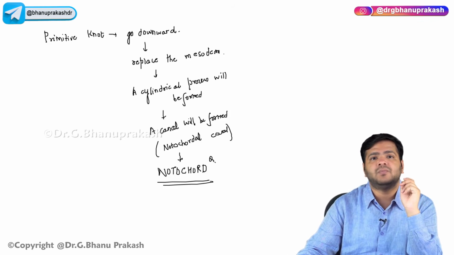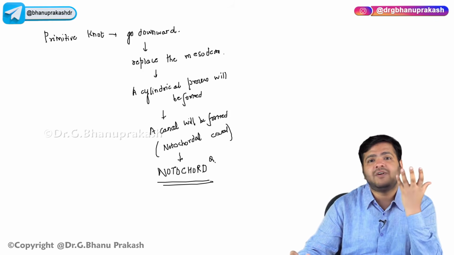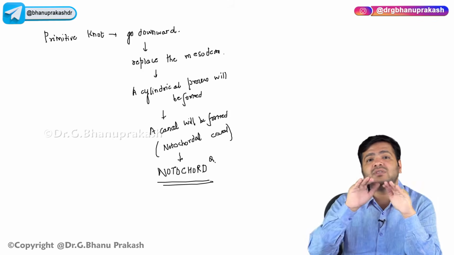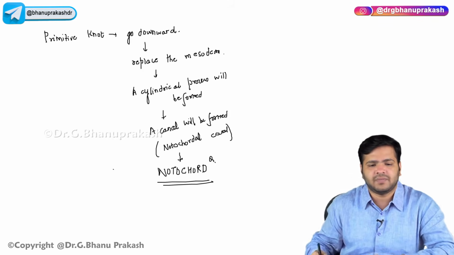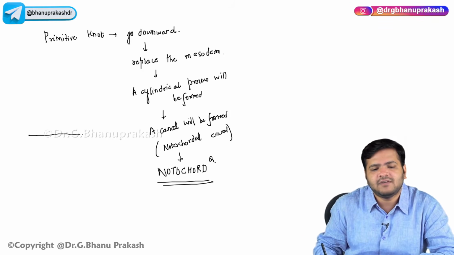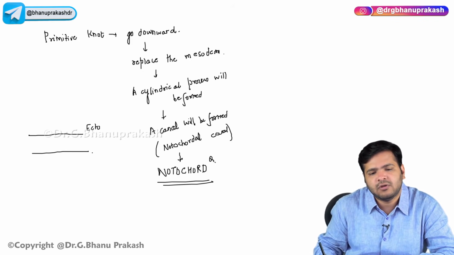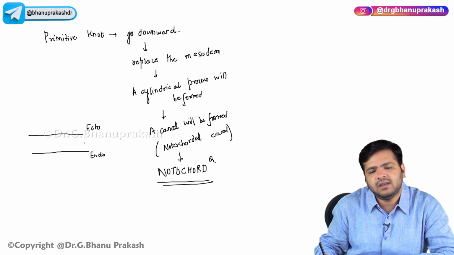Now see what is the function of the notochord. The function of the notochord is to stimulate the surface ectoderm, right? So if I take this example again, ectoderm, endoderm, and in between we have the mesoderm, and in the middle of the mesoderm, you already know we have this notochord.